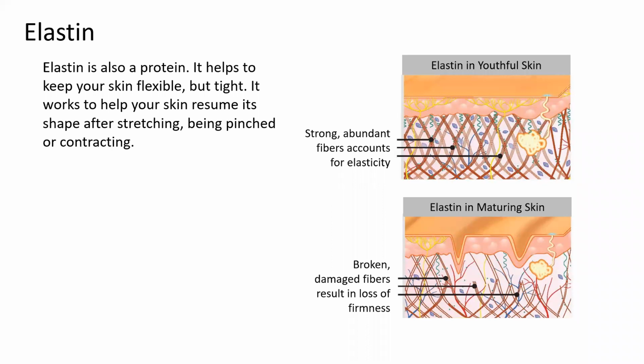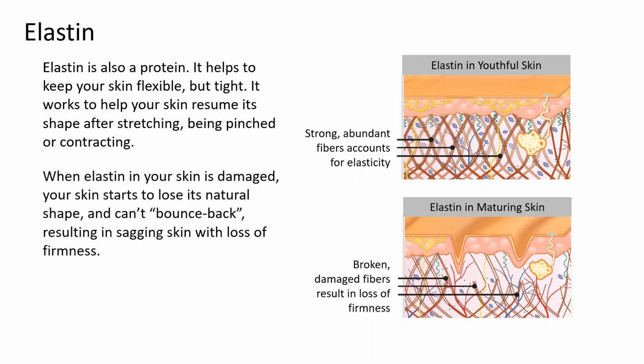A great way to tell how your elastin is doing is to take your hand and do a little pinch of the skin. If the skin goes right back, your elastin is probably great. But if the pinch takes a little longer to go back than you think, you may have a little bit of breakdown in your elastin. That's not a bad thing. There are products that we have that can absolutely help.